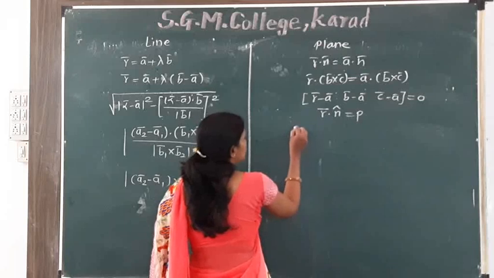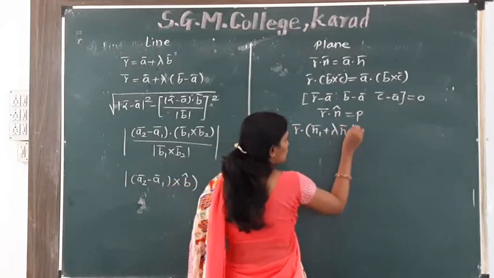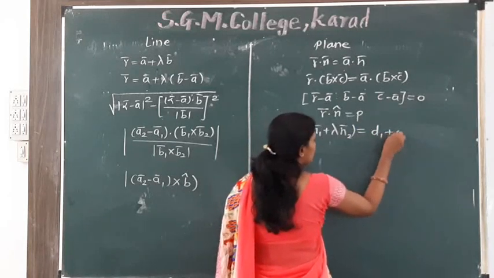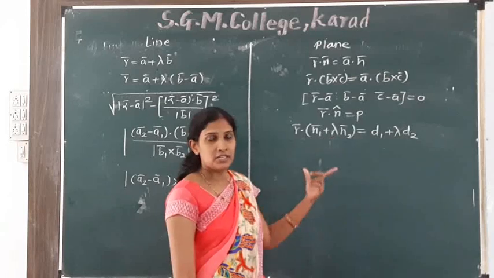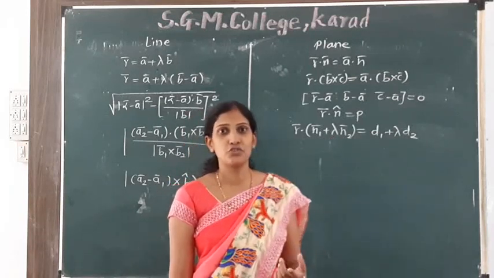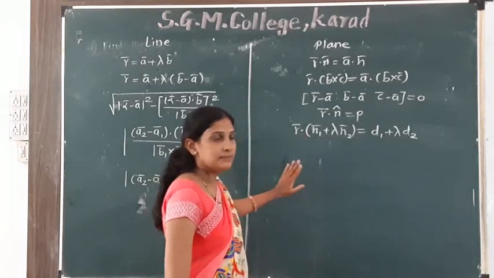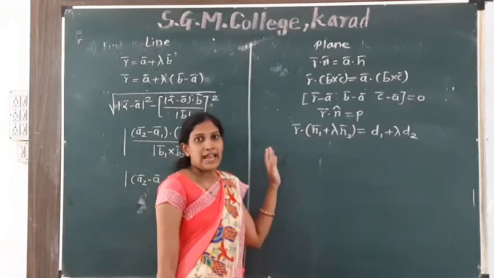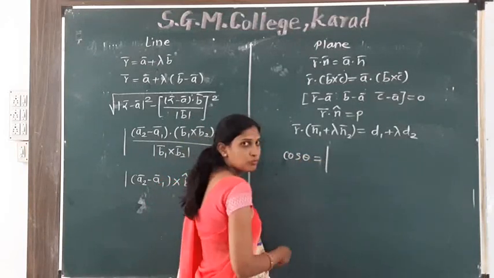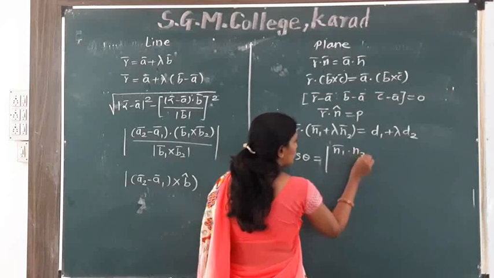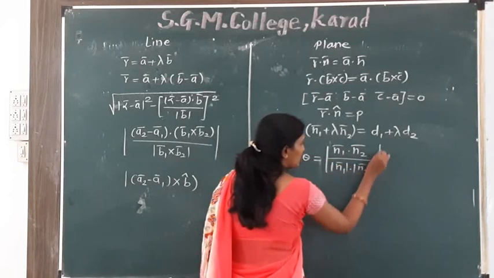Then r bar dot (n1 bar plus lambda n2 bar) is equal to d1 plus lambda d2. This is the equation of a plane which passes through the intersection of two planes. Then we studied the angle between two planes, cos theta is equal to mod of n1 bar dot n2 bar upon mod n1 bar times mod n2 bar.